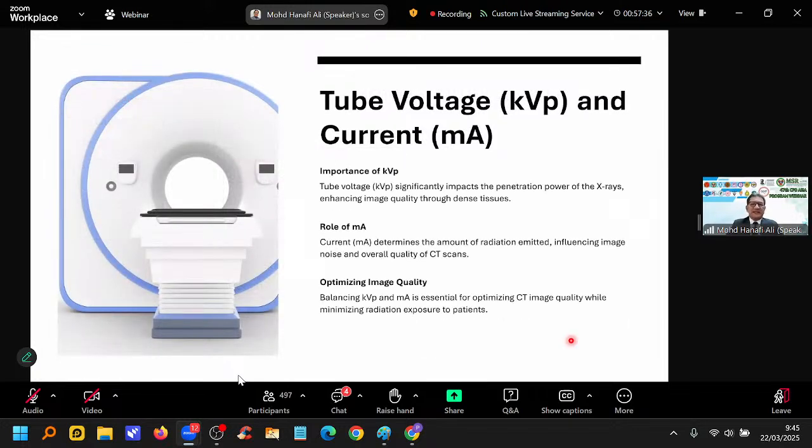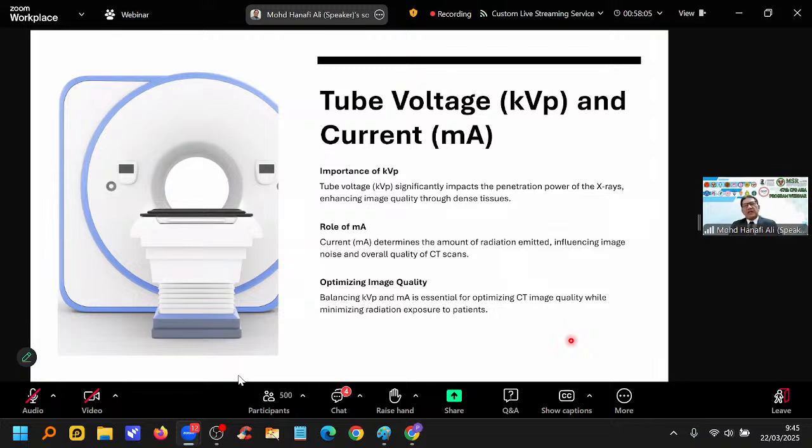Just go back to the basics briefly. We need to know that kVp, or tube voltage, does not give us much room to play around. We only have maybe 3 or 4 steps for CT scan. We just look at the patient size and the examination that we are doing.